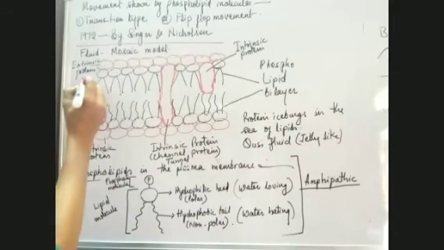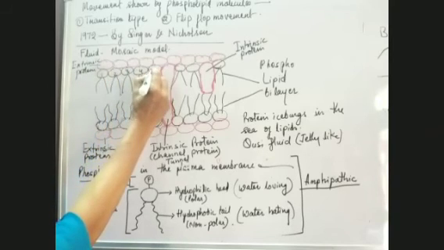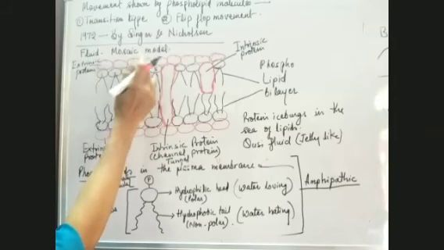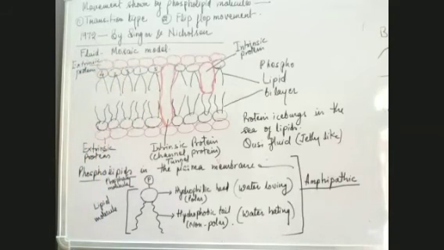Suppose we name these 1, 2, 3, 4, 5. Now, if 1 shifts to the position of 4 and 4 shifts here, that means there is a shifting because of the flexible nature of the plasma membrane. The lipid molecules have shifted, and this is known as transition type of movement.